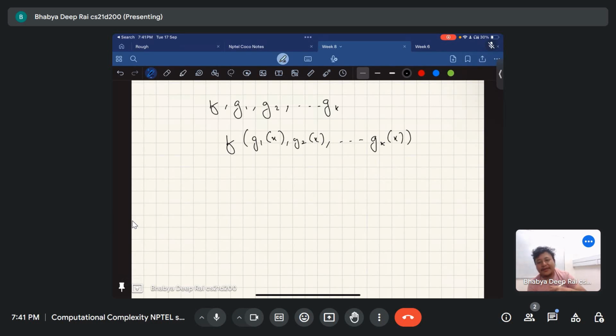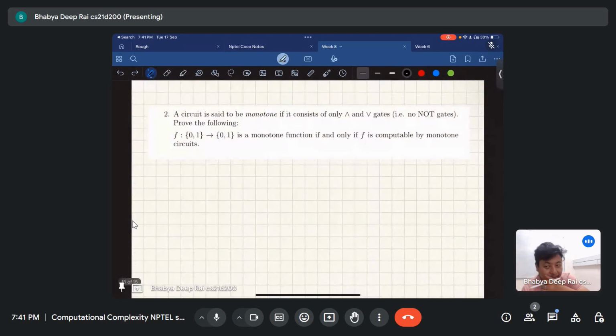Think of it as flipping bits in the sense that if you flip a bit in x, and g1 already evaluates to 1, then this will always be 1. And if f evaluates to 1 when this bit evaluates to 1, then the entire f will be 1, no matter how you flip the rest, and so on, since f is also monotone. So this I'll leave it for you guys to prove.